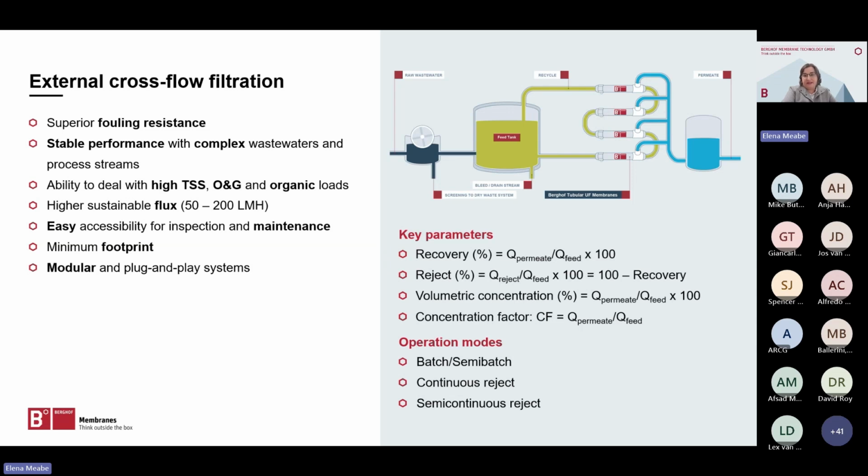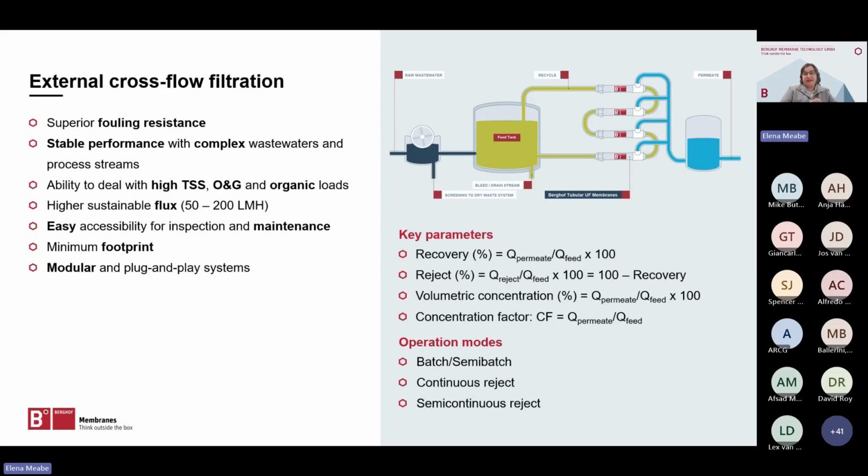These membranes can deal with high suspended solid concentration, high oil and grease, and organic matter concentration, and still deliver high permeate fluxes. As you may know, maintenance and inspection is quick and easy. And finally, these are plug-and-play systems with minimum footprint requirements.